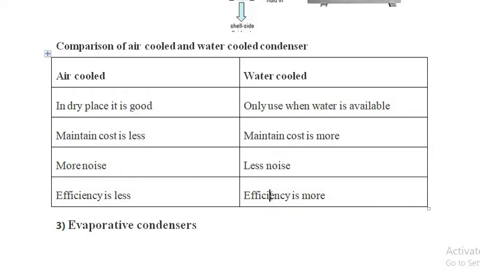The efficiency of the water-cooled condenser is more because the heat exchange between the fluid inside the tube and the water is very fast compared to the air. So the efficiency of the water-cooled condenser is greater than the air-cooled condenser.